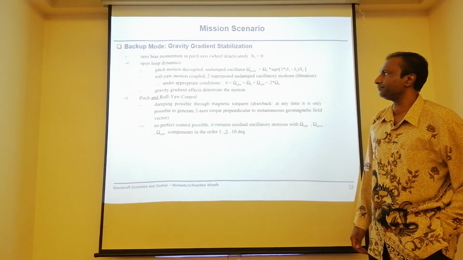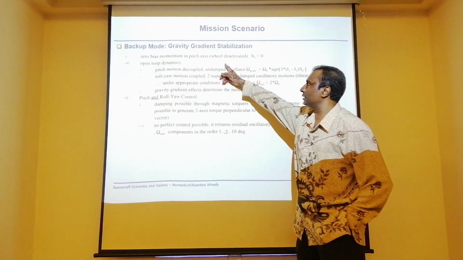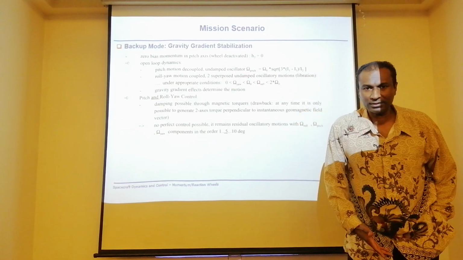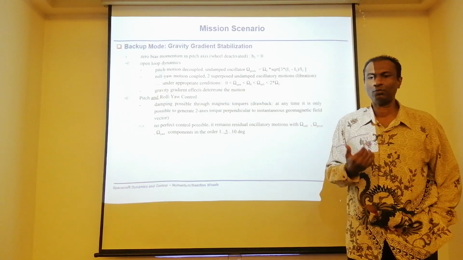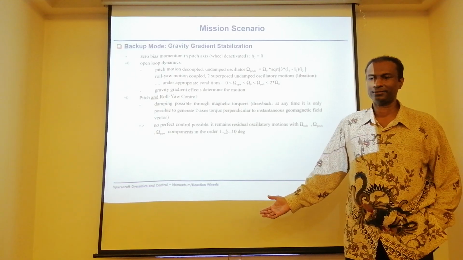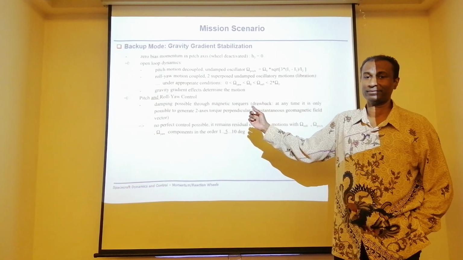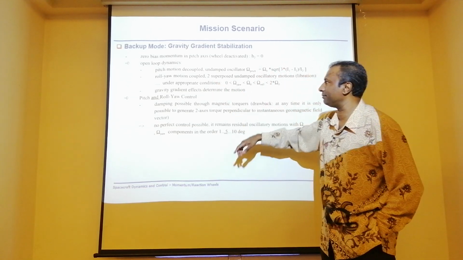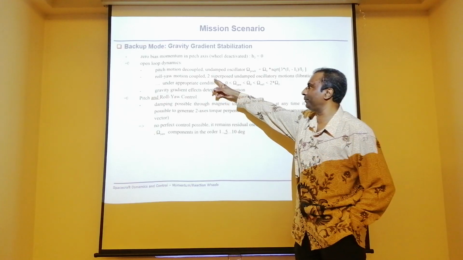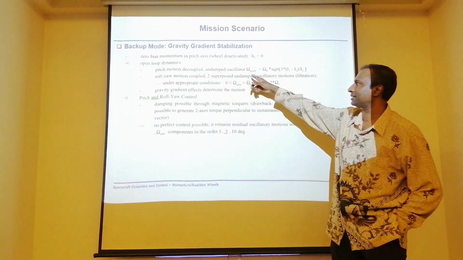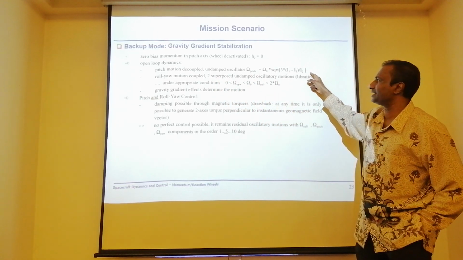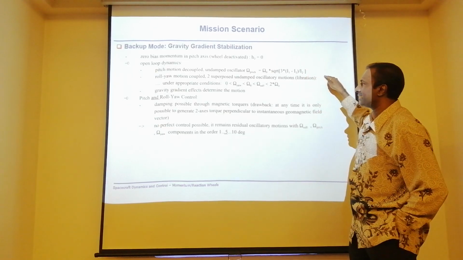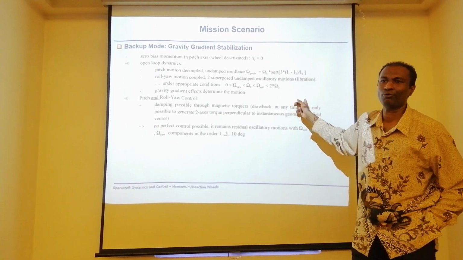Backup mode says that the wheel is deactivated, means the wheel is dead. There is no redundancy here. The wheel is dead. Open loop dynamics again will be decoupled. Pitch motion is decoupled, is undamped, and this goes back to your gravity gradient mode.